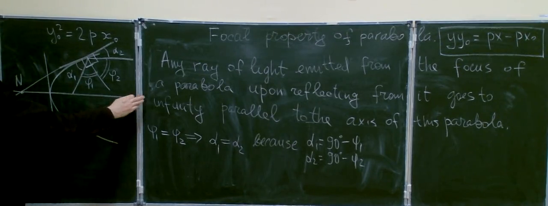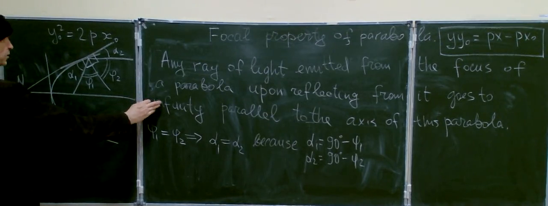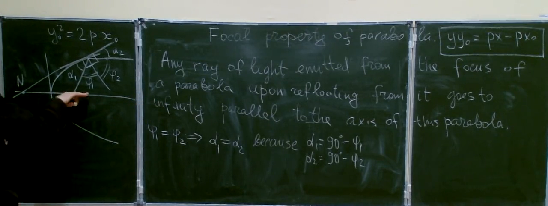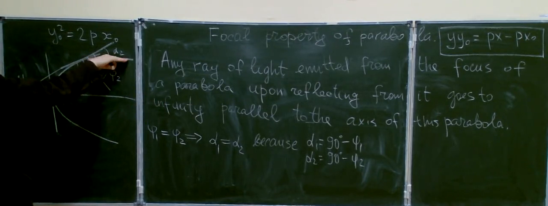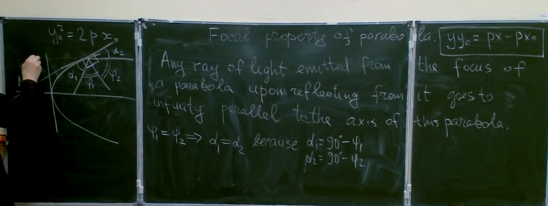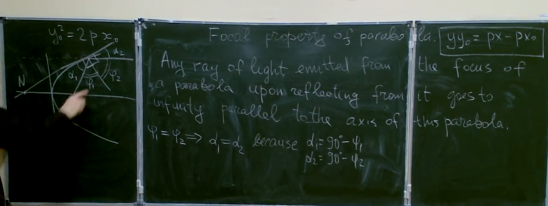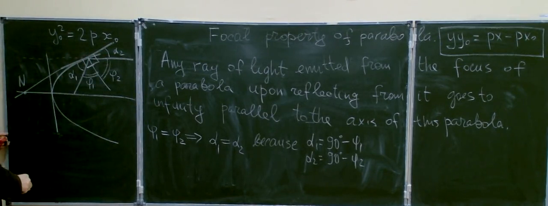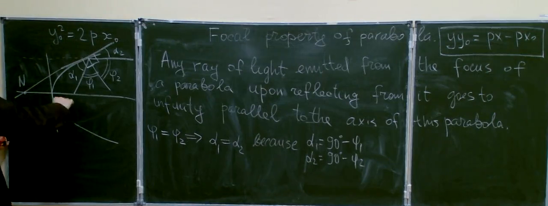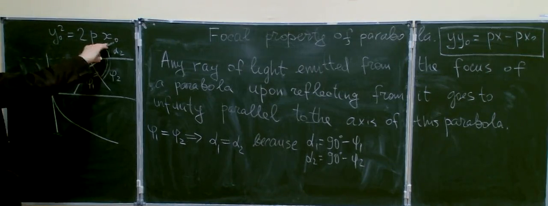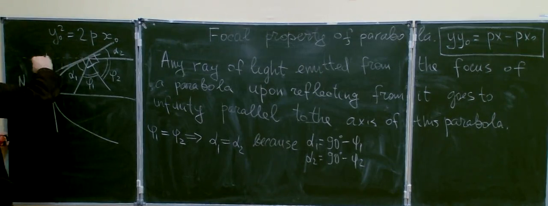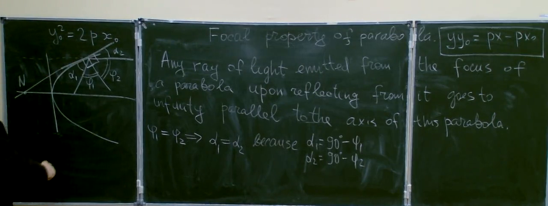Because the focal property in terms of optics declares that this line and this line are parallel, we can continue these two lines, the reflected ray, and we see that our tangent line crosses two parallel lines.